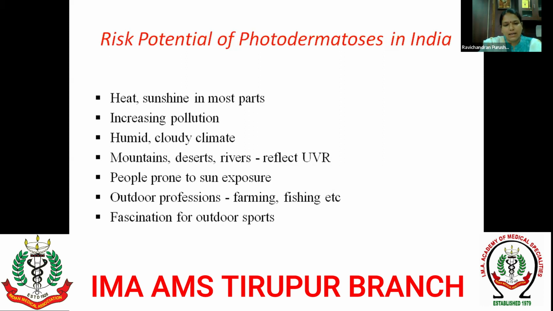Since India is an agriculture-based country, farmers exposed to sun for a long time, outdoor fishermen, and others who work or travel outdoors are more prone to photodermatosis. During summer, our kids are eager to get out of the small room and play outdoors, so they are also prone to photodermatosis.